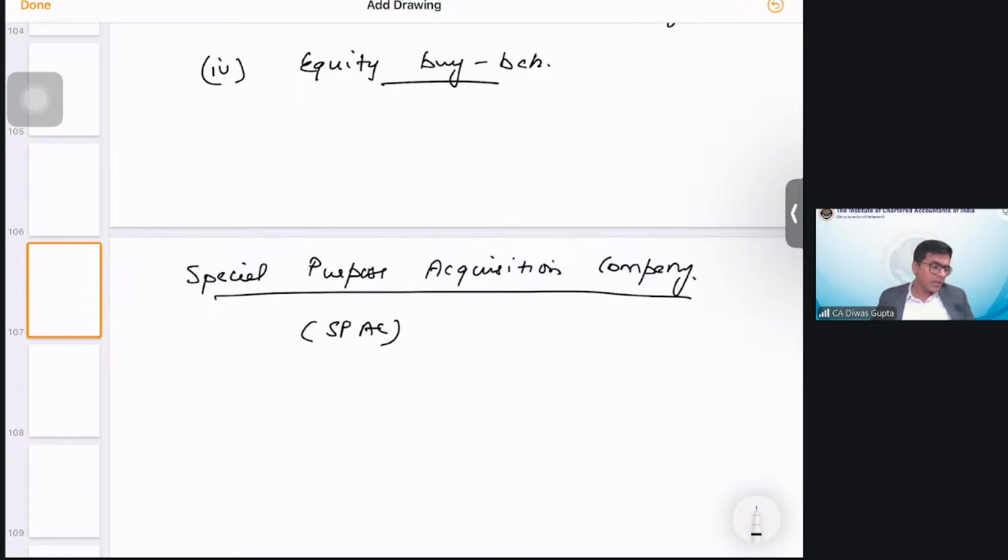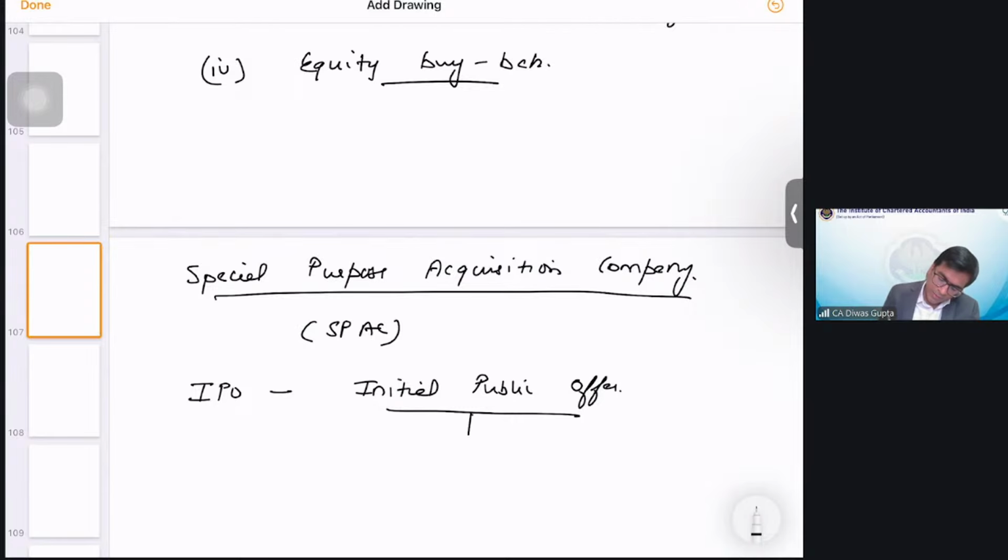Now, what are their fundamental things to do? One, they bring an IPO, which is initial public offer. They will raise the funds from the public at large.